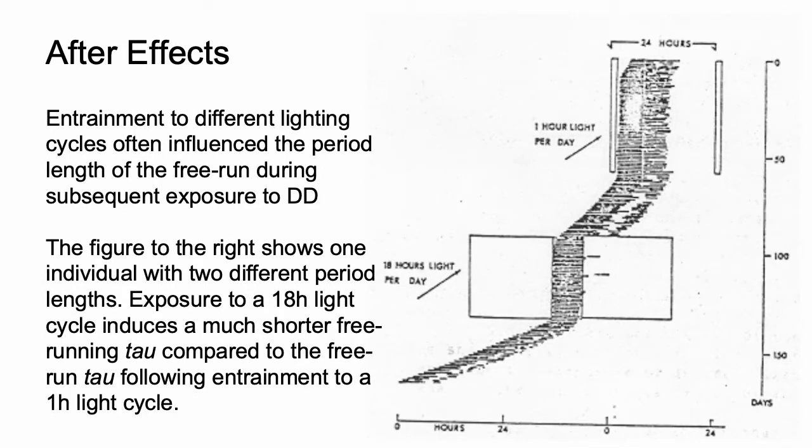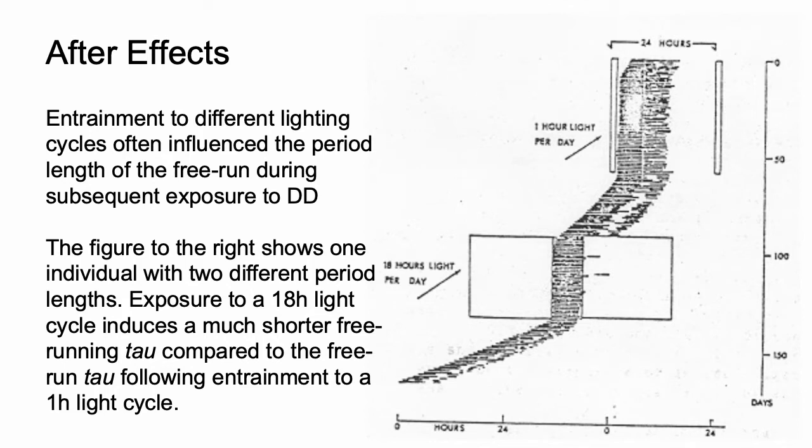In addition to alpha compression, we also have after effects, which we've seen before. Animals coming out of light periods into dark often have free-running tails that are elongated or extra long over time, before they come back to their normal free-running period length.